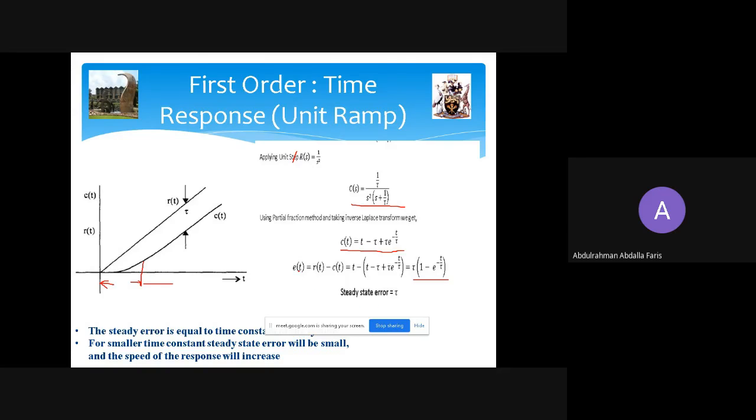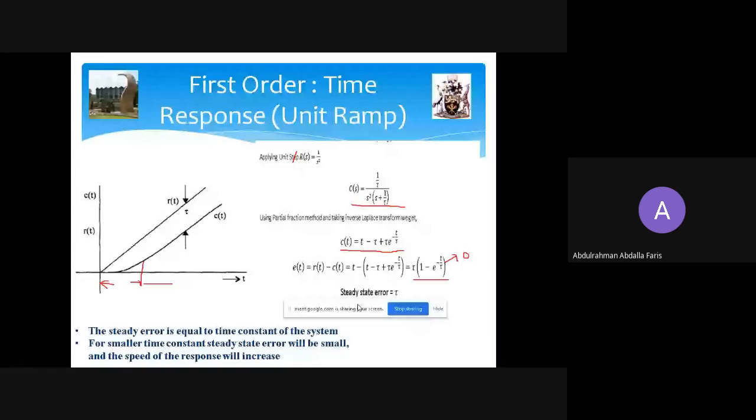Applying t to infinity, this will go to 0. So we have tau times 1, which is just tau. So the steady state error for unit ramp in a first order system is actually a constant.